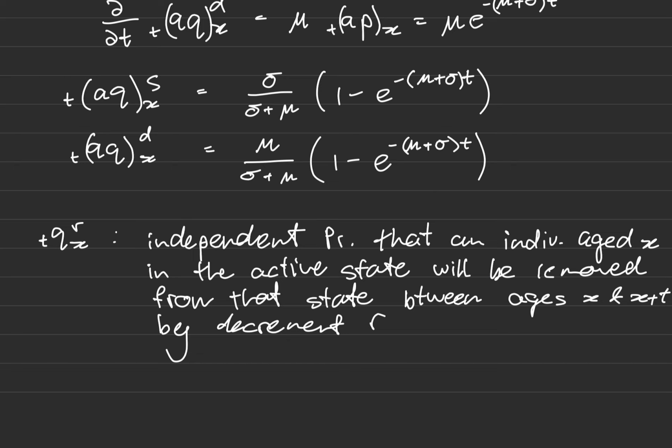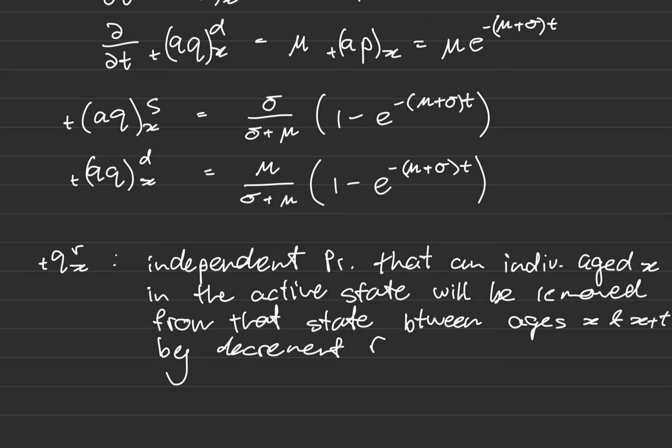Okay, so what I mean by that is previously when I wrote it as the dependent probability for these types of dependent probabilities, I'm saying that there are multiple decrements acting on the life.